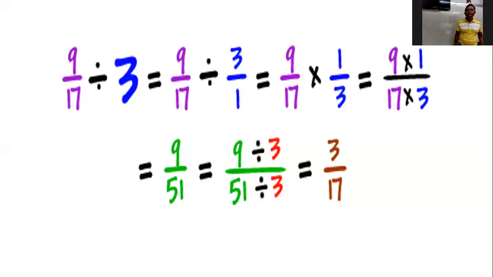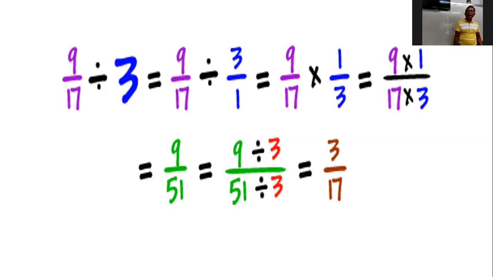Now, for example here, 9/17 divided by 3. So, you have here 9/17. Put a denominator of 1. And after that, the divisor, which is 3/1, you will invert it. You will invert. So 9/17 times 1/3, and you multiply it. Because after you invert, you change the sign.